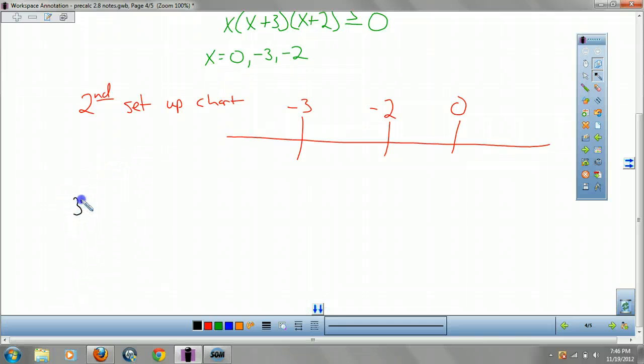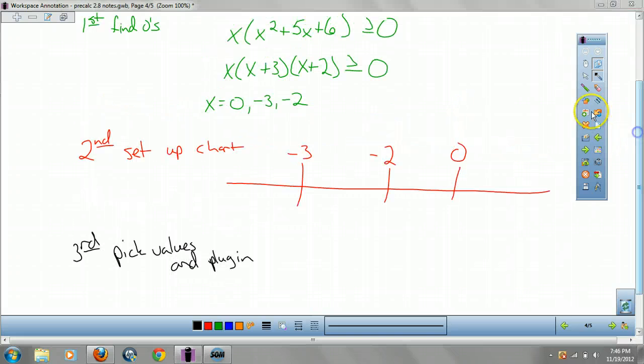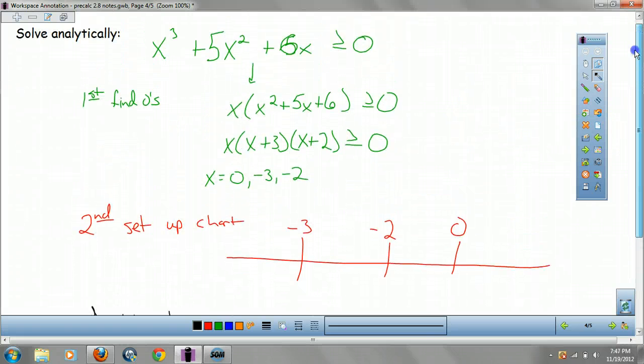Now, third, pick values and plug in. By the way, guys, this is noteworthy. Definitely noteworthy. This is example muy importante.